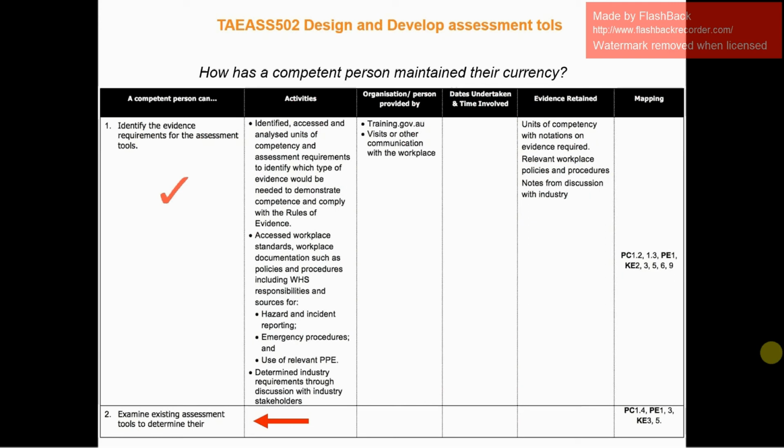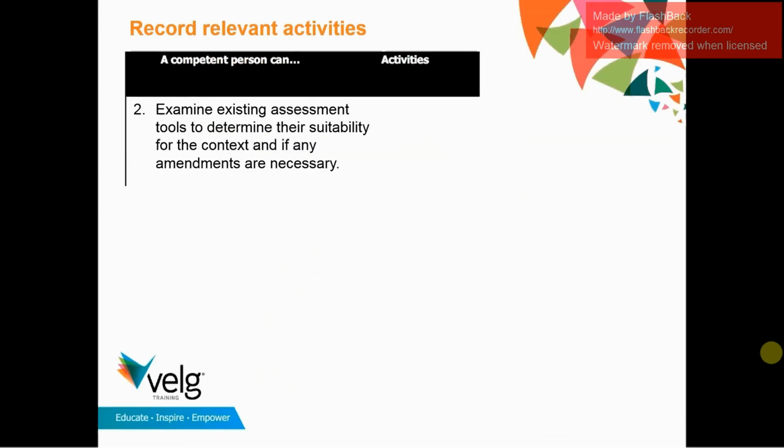So again, reminding you that an assessment tool is a little bit more than just the assessment instrument, and we'll see those components soon. So think about it as a Swiss Army knife. So the next component gets me to start to looking at existing tools that we may have.